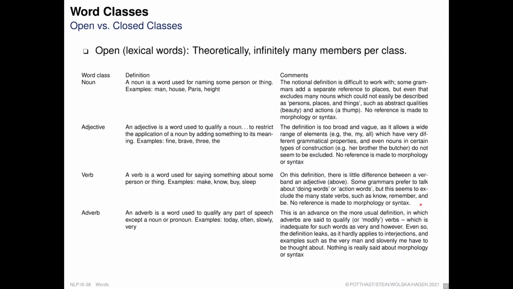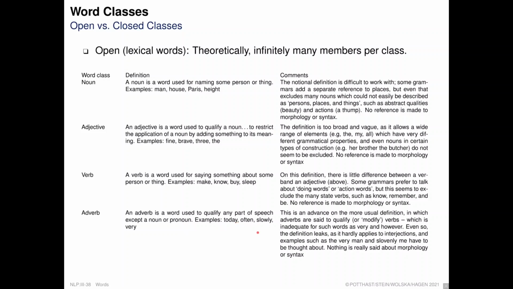In terms of formal modeling, in some approaches in formal linguistics, the formal expression of a verb, a mathematical expression for a verb and an adjective, would be very much the same. An adverb is a word used to qualify any part of speech except a noun or a pronoun. Very often adverbs modify a verb.